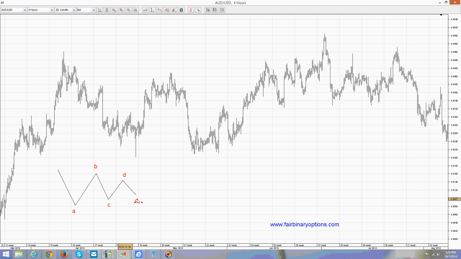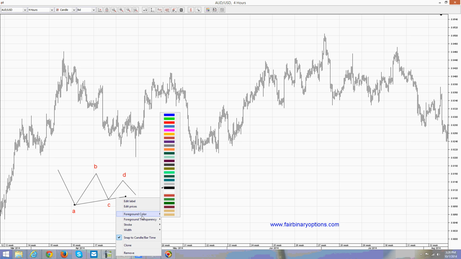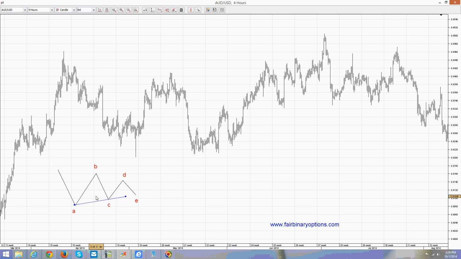Now, like any contracting triangle, because the concept of an apex applies only with contracting triangles, we should look for the A and C and the B to D trend lines to contract, of course, like this. And that means that at one moment in time there will be a point at which these two trend lines are going to meet.